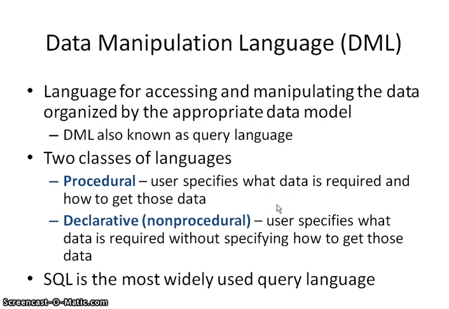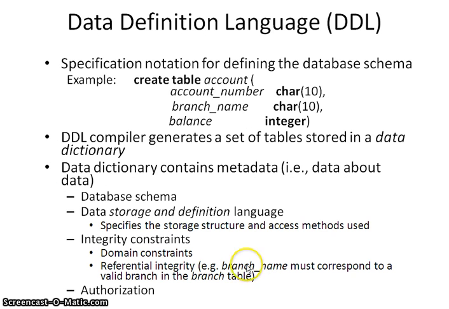There are two types of query languages, procedural and declarative. In the procedural query language, the user specifies what data is required and how to get the data. The declarative query language means you specify the data without specifying how to get it. SQL is the most widely used query language.